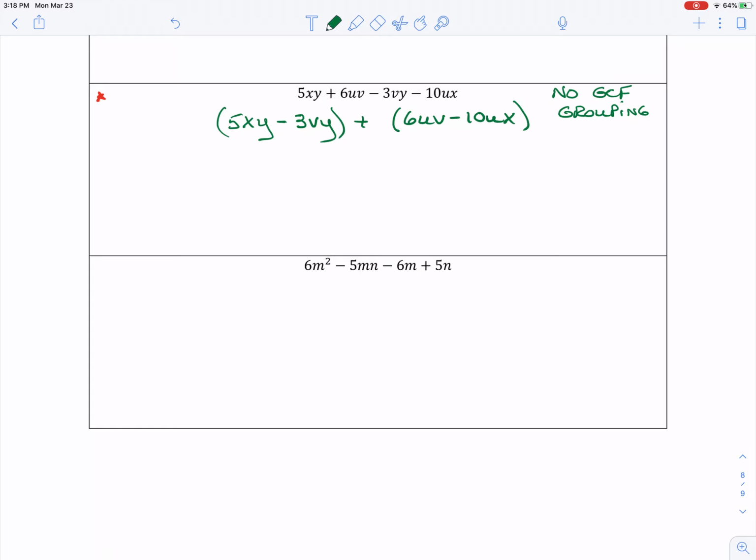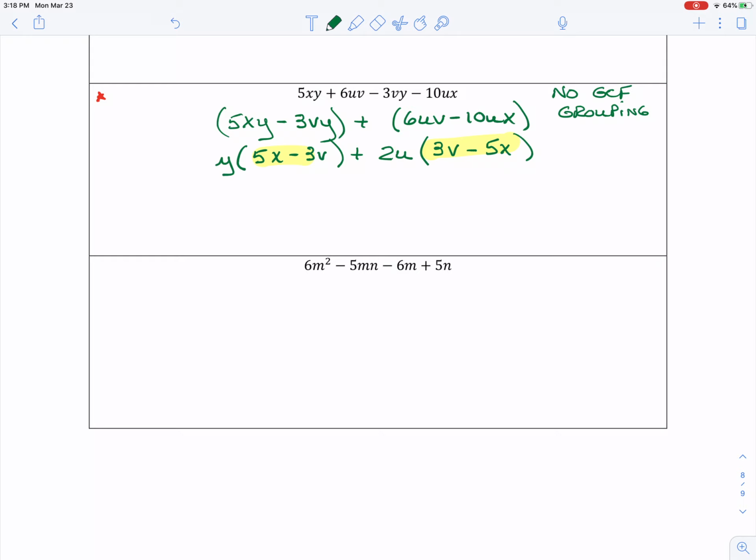So what I see in common in this first pair is y. And what I see in common in the second pair, let me look at that, is 2u, which leaves 3v minus 5x. Oops, I'm almost there. Notice how these parentheses are almost the same, but the signs are different. One is a positive 3v and the other one's a negative 3v.